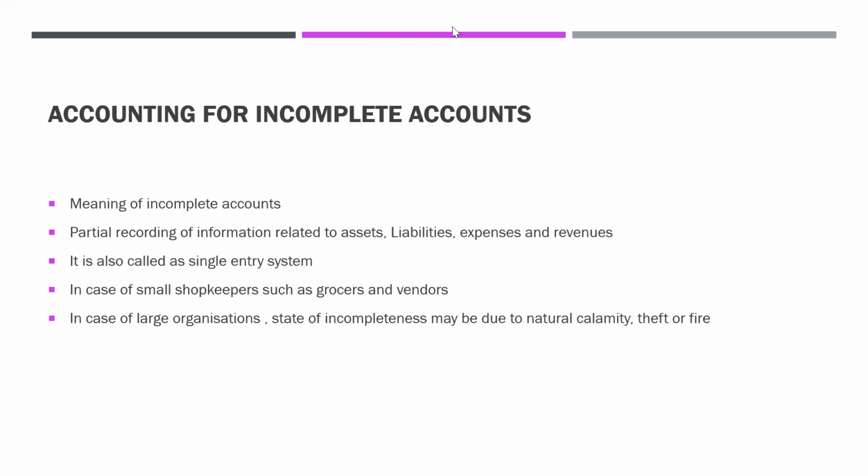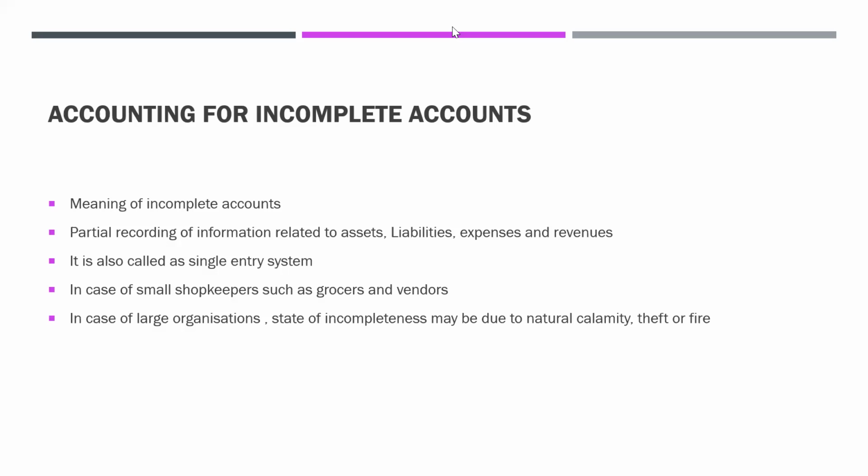Because the information related to assets, liabilities, income, and expenses is only partially recorded. So it is called incomplete accounts. It is also called single entry. Small shopkeepers such as grocers and vendors can maintain this kind of accounts.